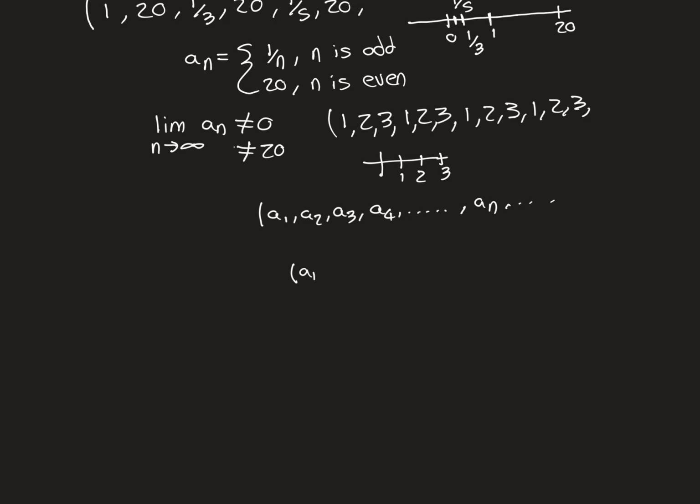And then for A2 I decide include or not include. Maybe I decide not include. A3, maybe I decide not include. And for these ones that I don't include, hopefully it's reasonably obvious that I'm not including them in my new thing that I'm constructing as a subsequence. And then let's get to A4. Maybe I decide I want to include that, so I put A4 in. And then it goes on like this.